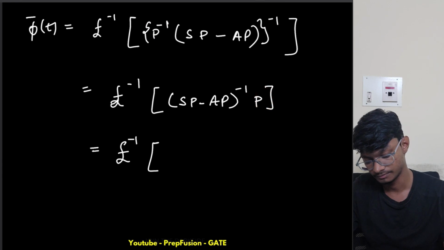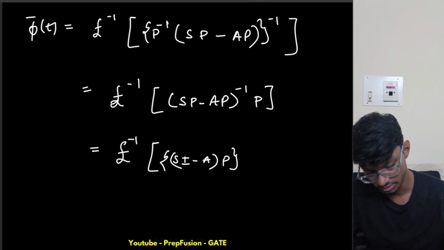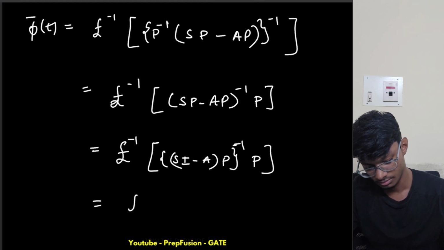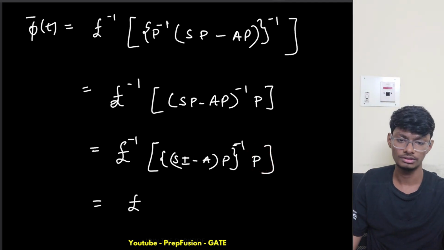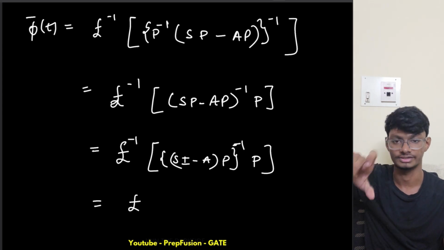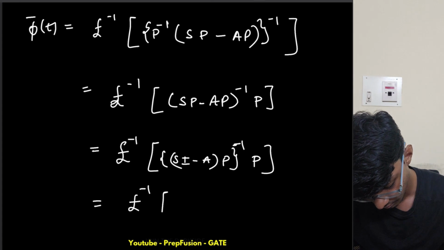Again I will take post common, and the remaining is I, and I have to again do the inverse of this whole thing. I can take this P out of the Laplace transform, because it is not a function of frequency, not a function of s. So I will take this out.